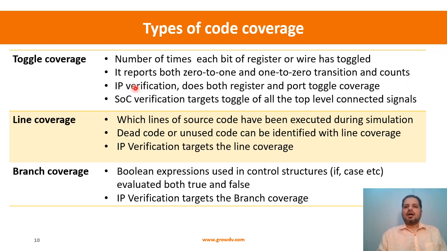In IP verification, you tend to focus both on the register as well as the port toggle coverage. But when you do SOC verification, you typically tend to target only the toggle for the port level signals, because at the SOC level, your main focus is how these pre-verified IPs are interacting together.